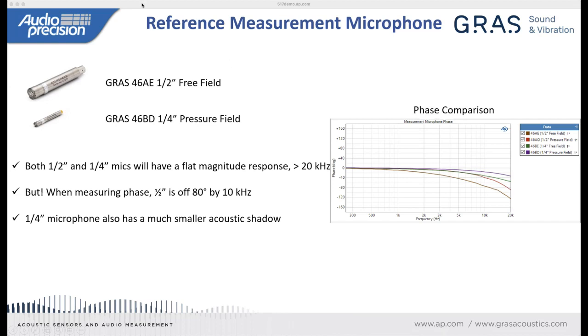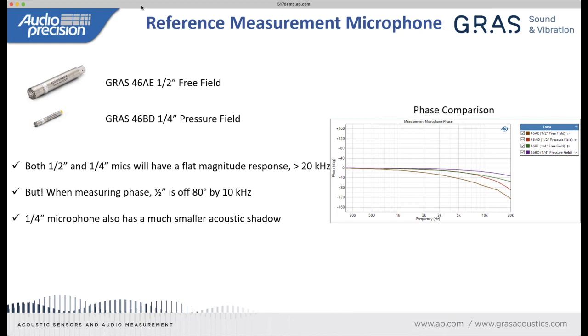I'll talk a little bit about why we'll use a reference measurement microphone when we're demonstrating the application. But for the moment, let's just assume we're going to use some type of microphone as our reference.